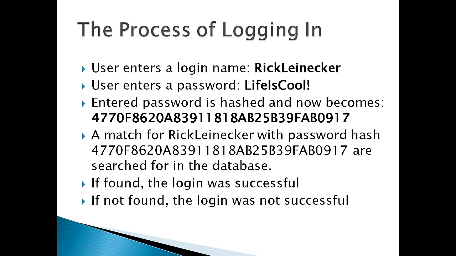So the entered password is hashed and now it becomes 4770F86, etc. A match for the username Rick Lineker with password hash 4770F8, etc. is searched for in the database. If found, the login was successful. If not found, the login was not successful.